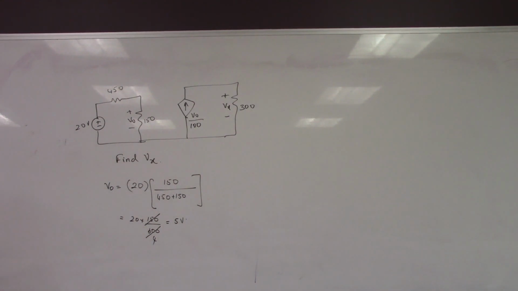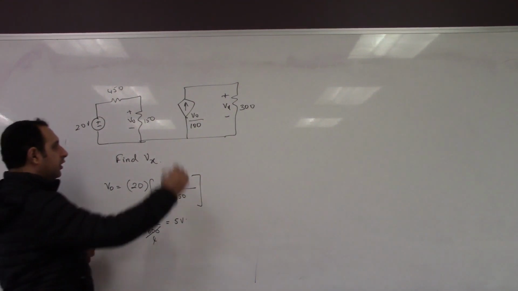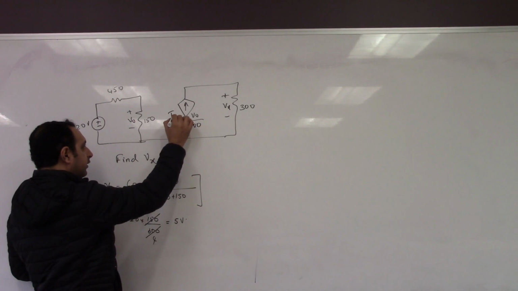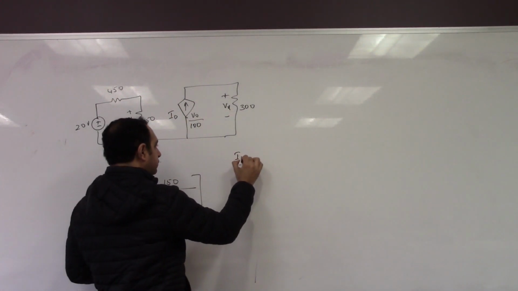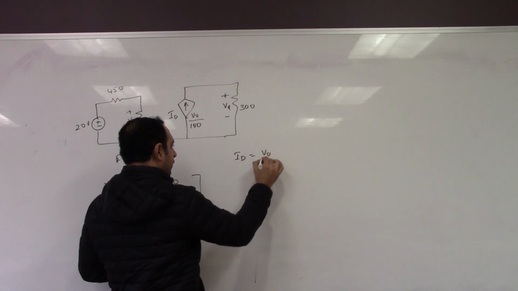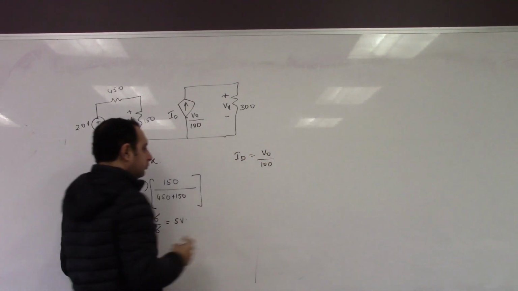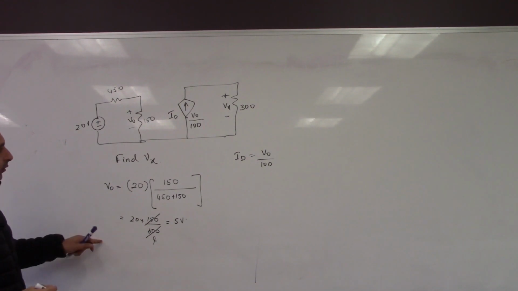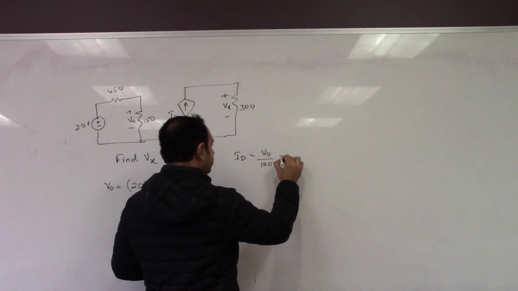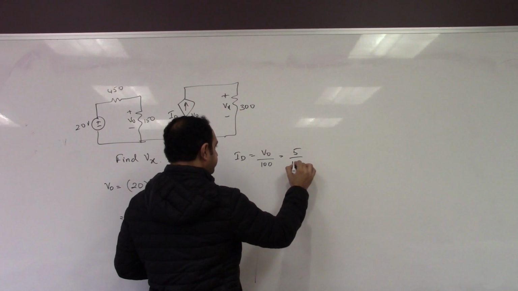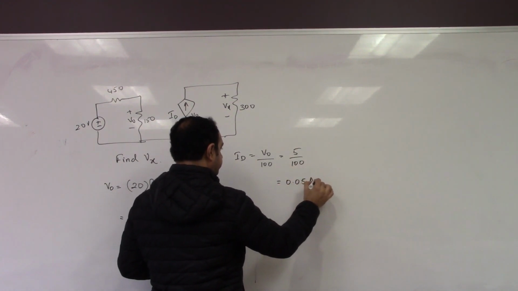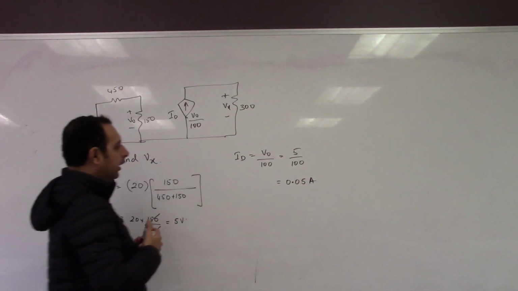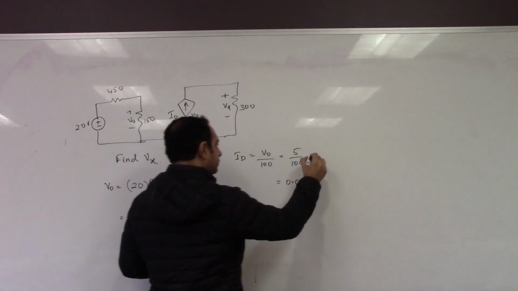Let's call this current ID. ID is V0 over 100, so with V0 being 5, you can leave it like this for now.